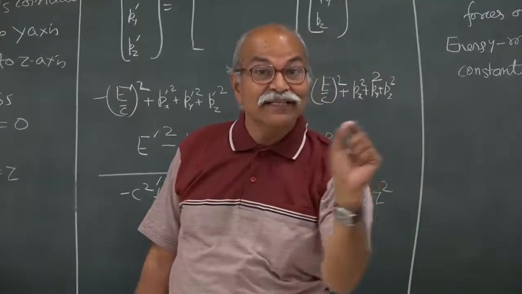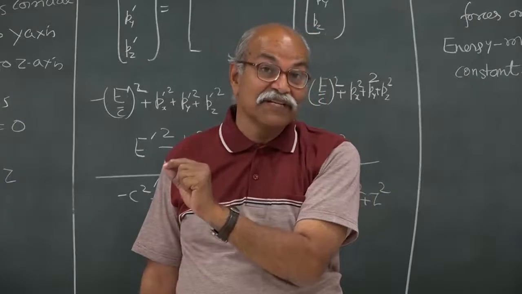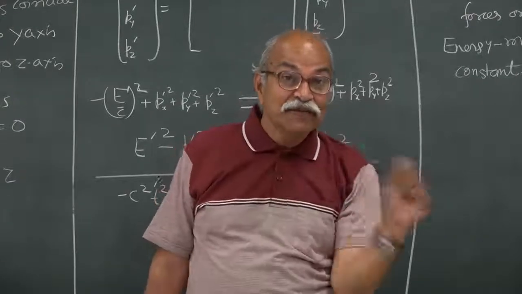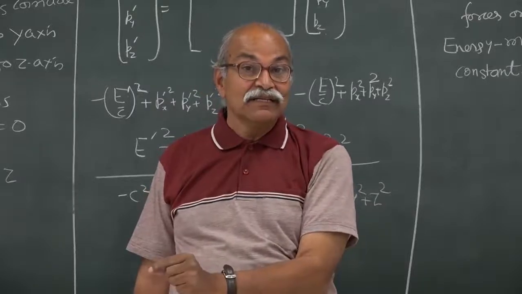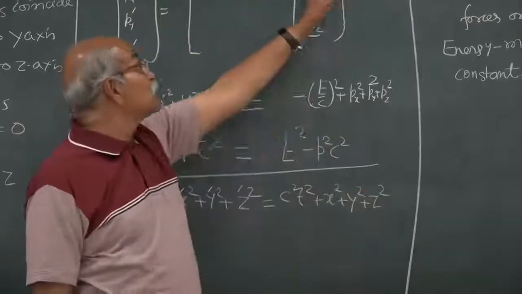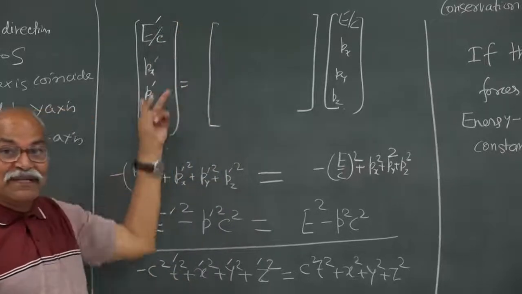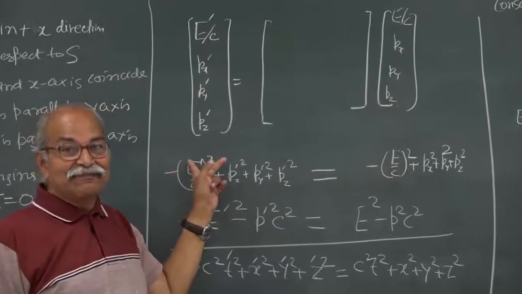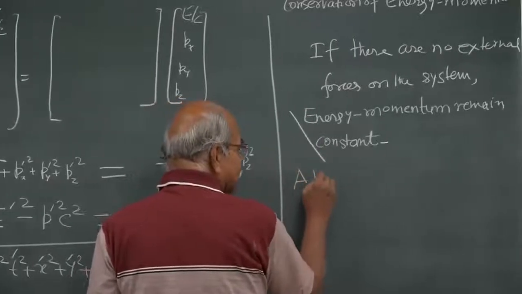The x component of the momentum remains constant as a function of time. The y component py remains constant, pz remains constant, and also E remains constant in time. All the four components remain constant in time.